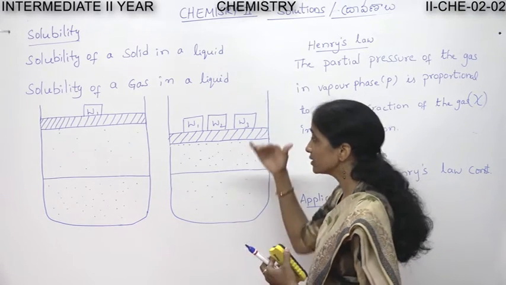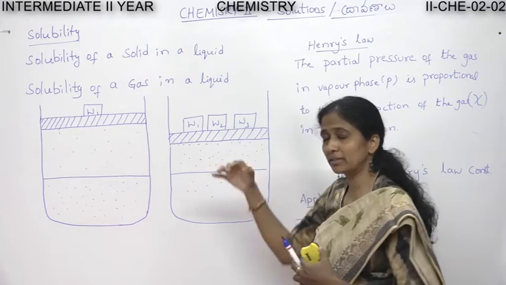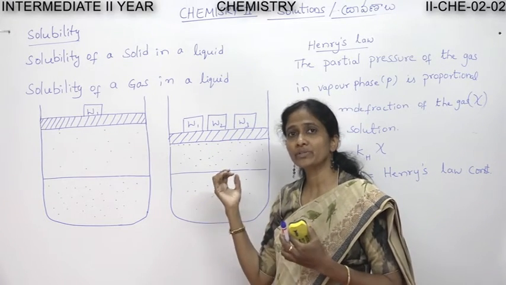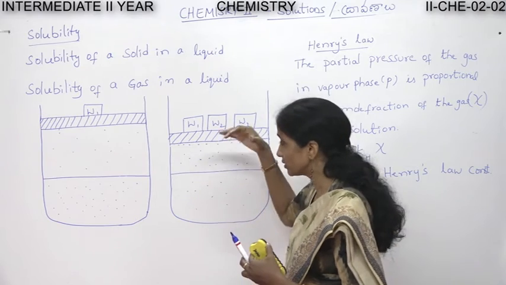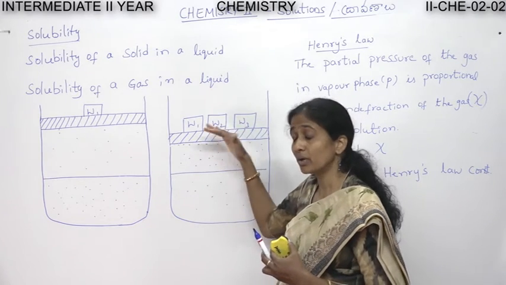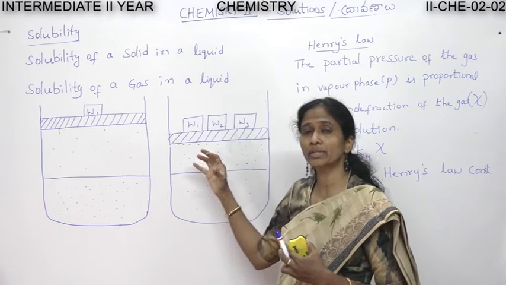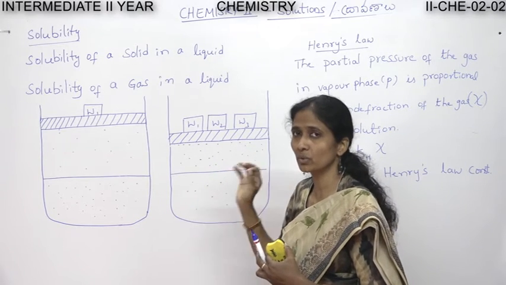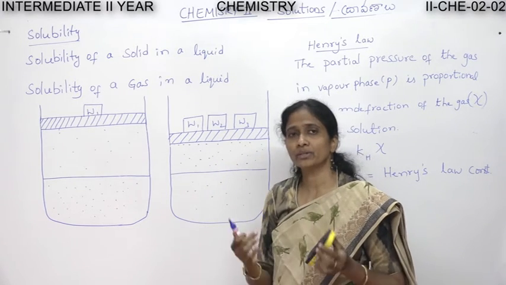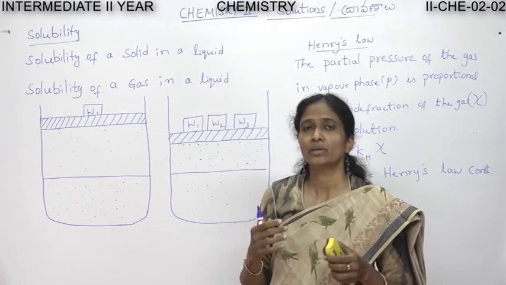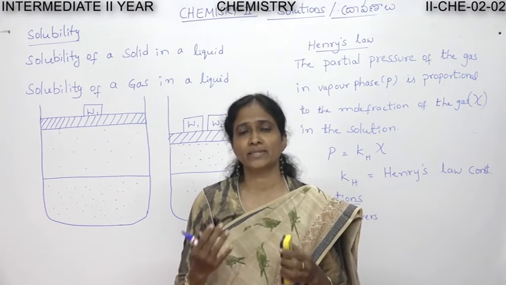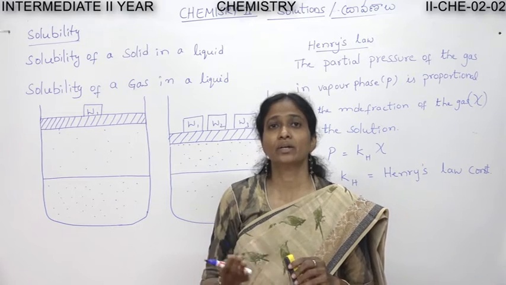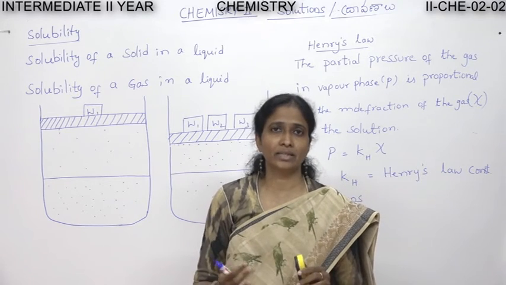When space is decreased, automatically pressure increases, and at the same time this pressure will allow the gas molecules to dissolve more in the given solution. That means pressure increases solubility of gases in liquids. Okay, pressure increases solubility of gases in liquids.